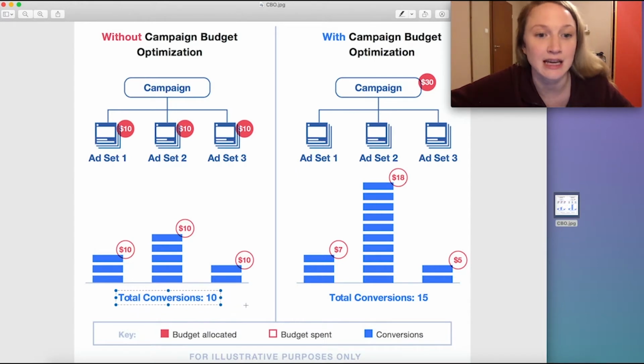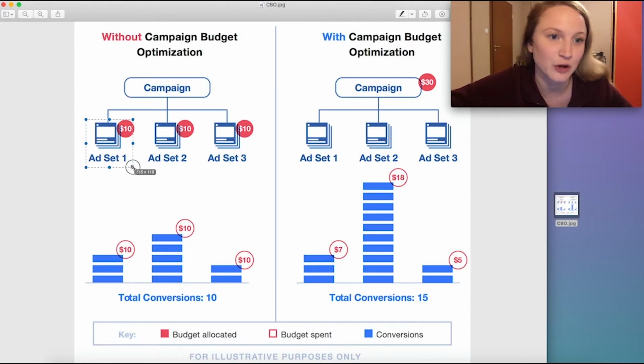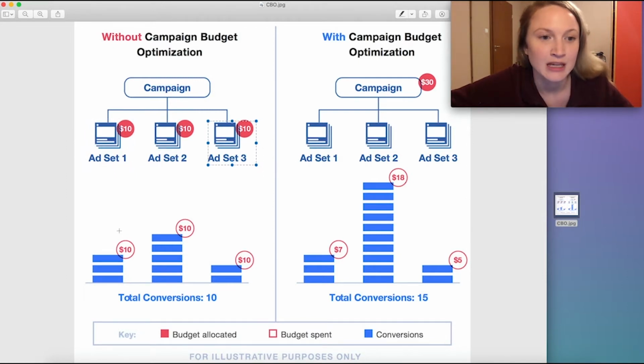If we look down here, we can see that the CBO campaign got 15 conversions while the non-CBO campaign only got 10. Now, an interesting thing about this is that on both campaigns, ad set 1 and ad set 3 each got the same amount of conversions. So you can see 3 conversions here, 3 conversions here, 2 here, and 2 here.